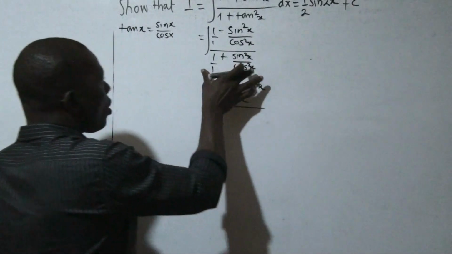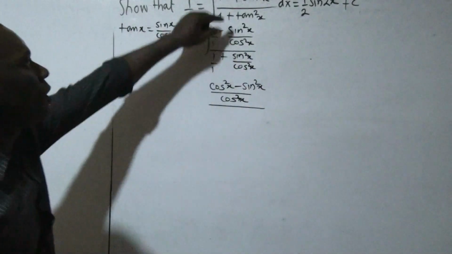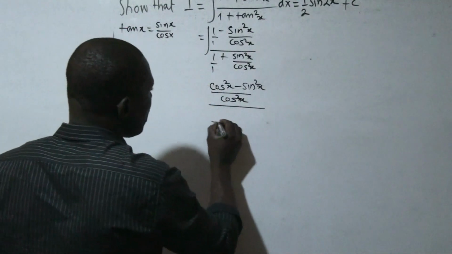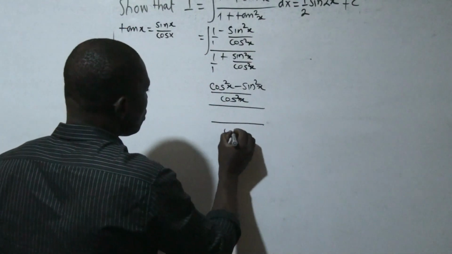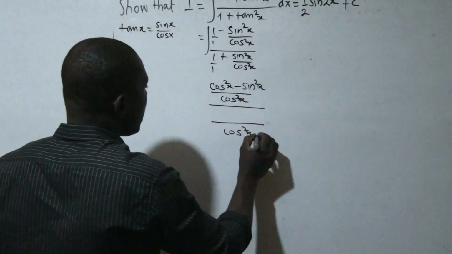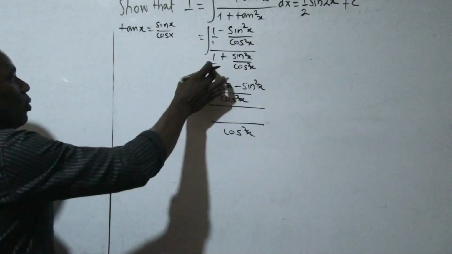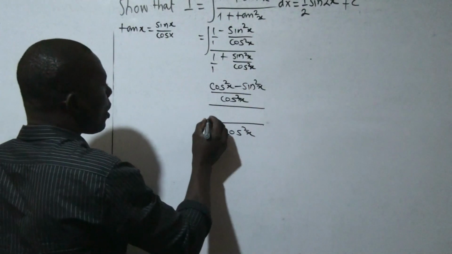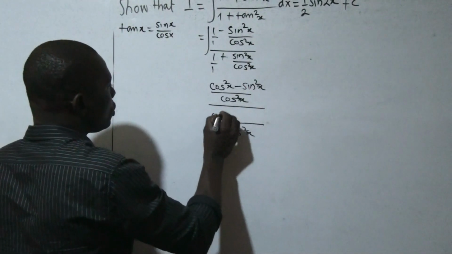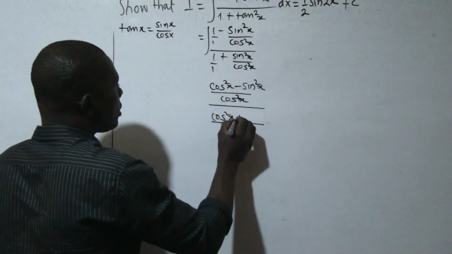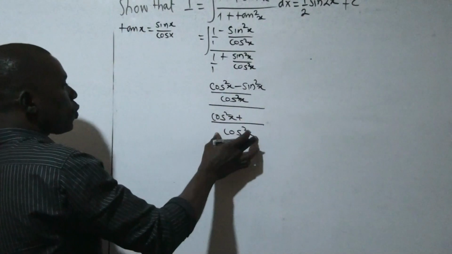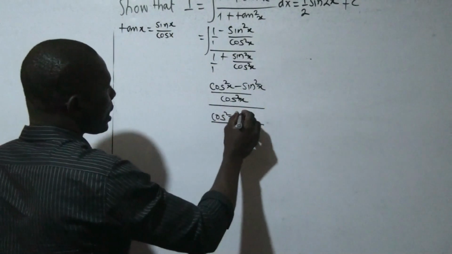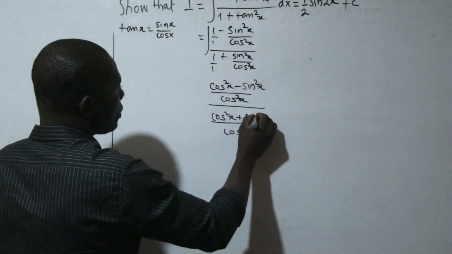We come to the denominator, and the LCM there is also cos square x. Cos square x divided by 1 is cos square x, that will give us cos square x plus sine square x over cos square x.